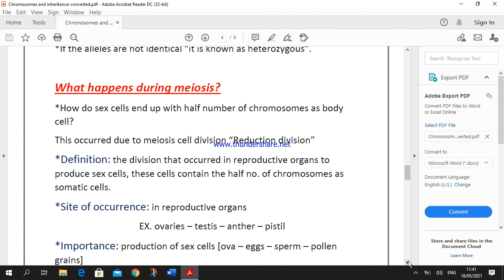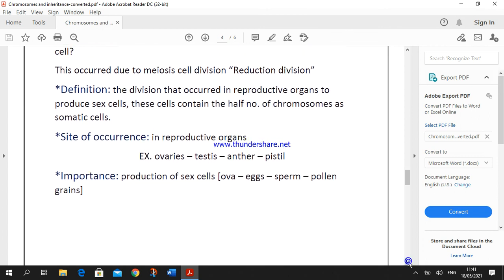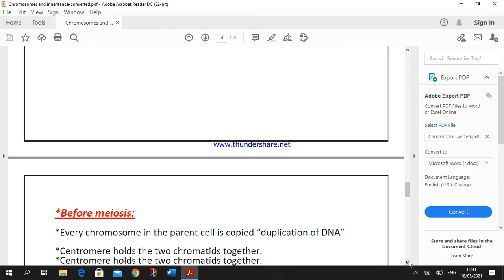The site of occurrence: this type of division occurs in reproductive organs only, like ovaries, testes, anther, and pistil, and it is responsible for production of the sex cells needed for sexual reproduction.